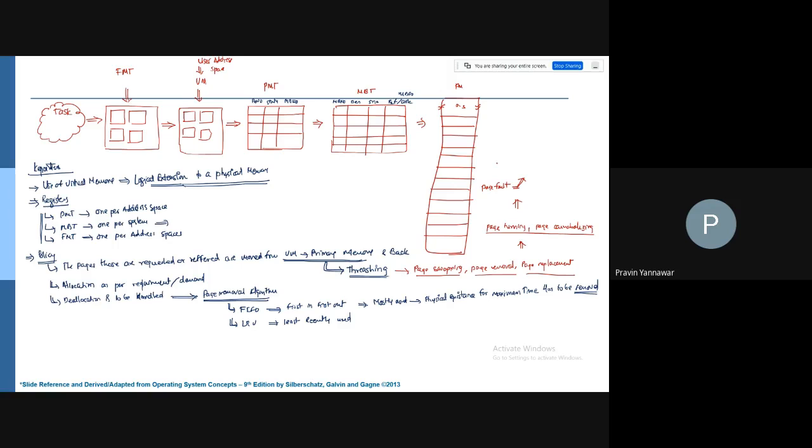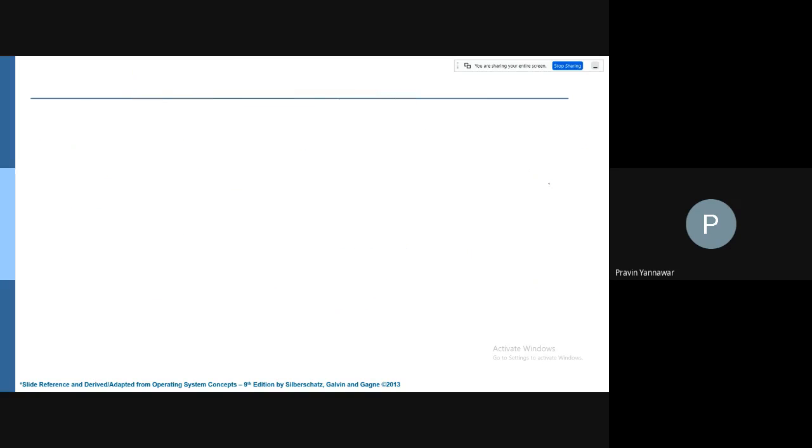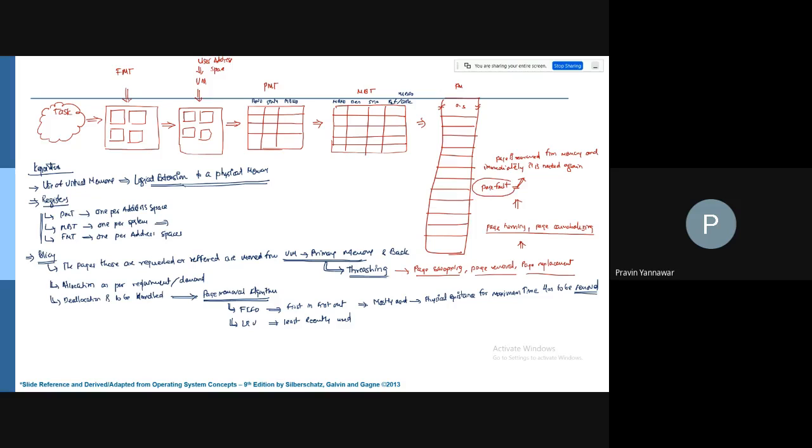So it's called a page fault. When it is immediately needed again, this is going to be a page fault. So this is a very important concept which we are going to handle.